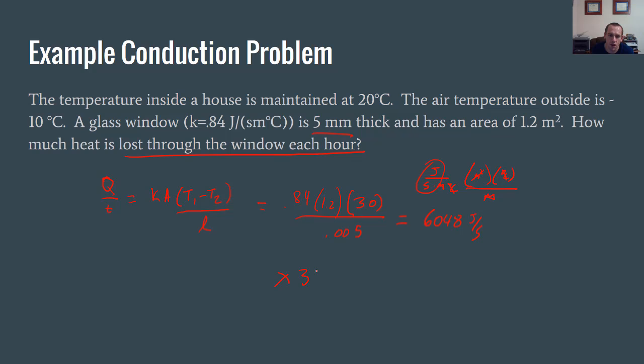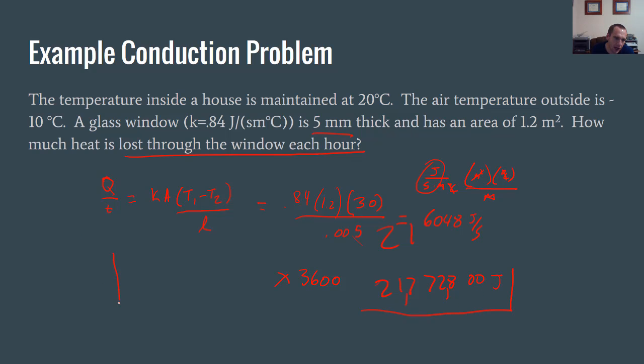There are 3,600 seconds per hour, and we get 21,772,800 joules lost every hour through that window.